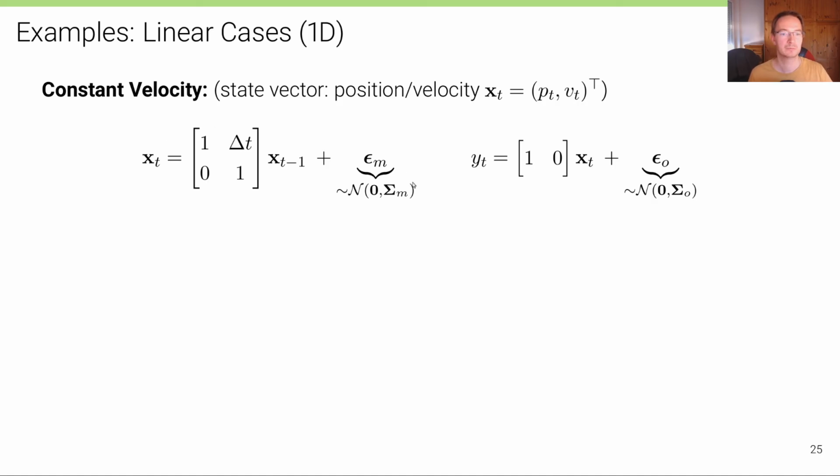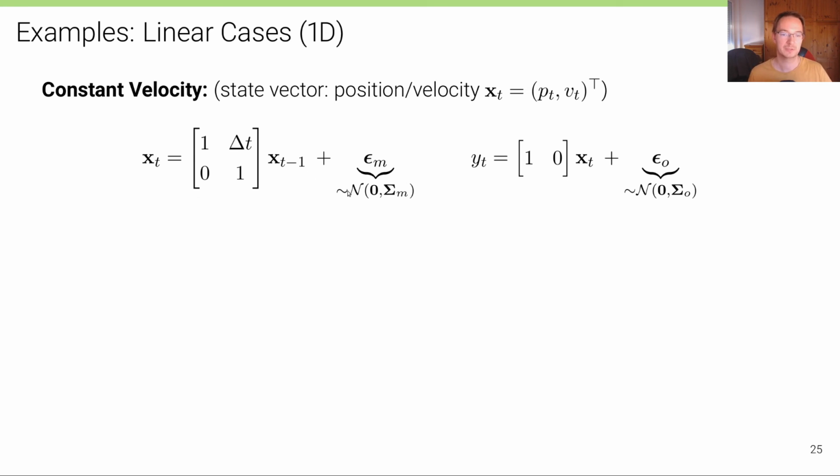And then we can write the motion equation as xt equals this matrix times xt minus 1, which effectively means xt equals pt minus 1 plus delta t times the velocity at time t minus 1, plus, so this is the deterministic part, plus the stochastic part.